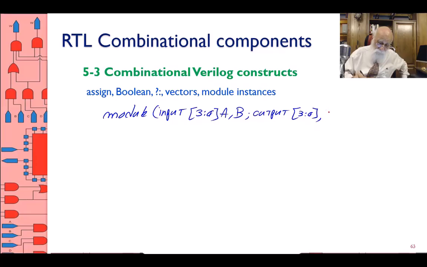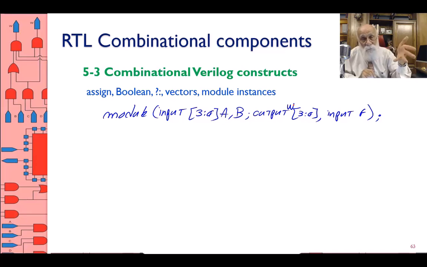And then I'm going to give it another input, function. I can use assign statements for this. What I want to do is this. If function is 0, I want to put the maximum of A or B on the output W. And if F is 1, I want to put the complement of A on the output.